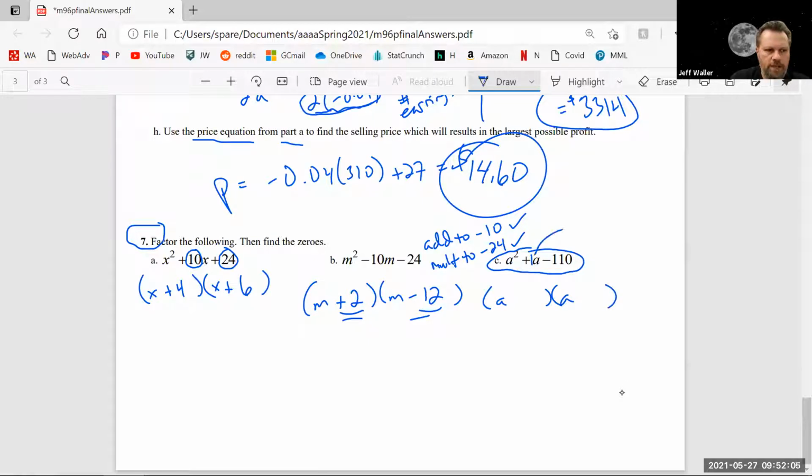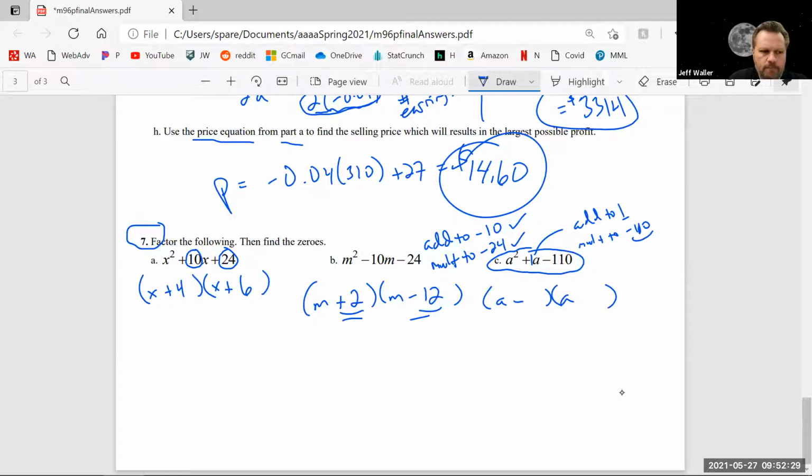You need two numbers that add to 1 and they multiply to negative 110. So you need two numbers that are basically 1 apart from each other, like 7 and 8. But those don't multiply to be 110. So who's got the answer?